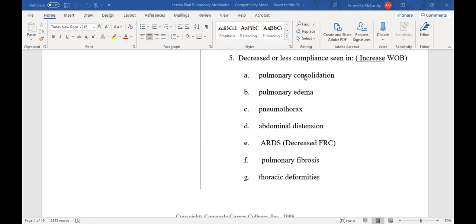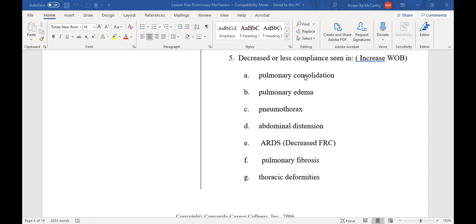And restrictive diseases cause a low compliance. Obstructive diseases cause a high compliance, and restrictive diseases cause low compliance.